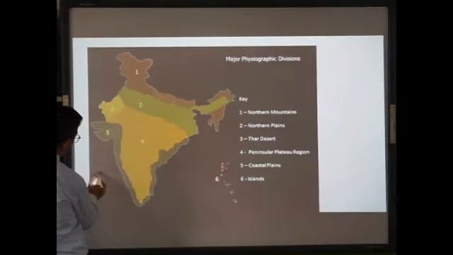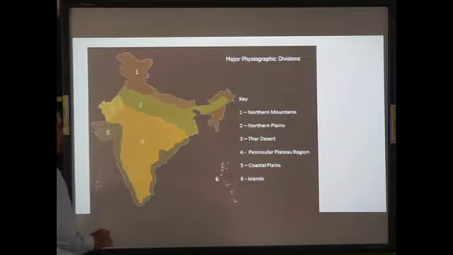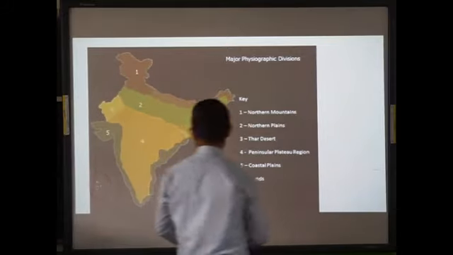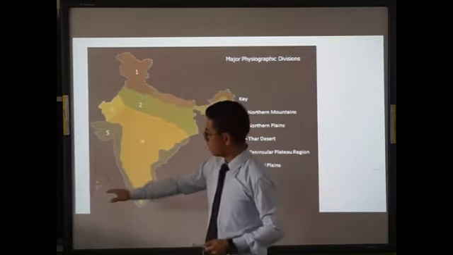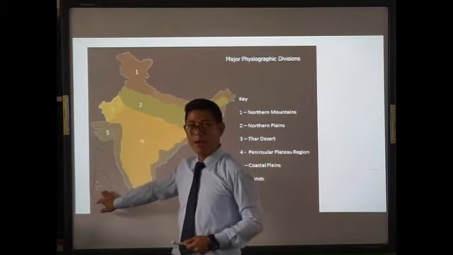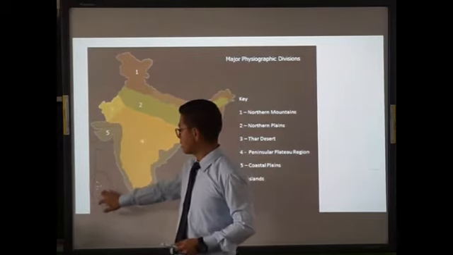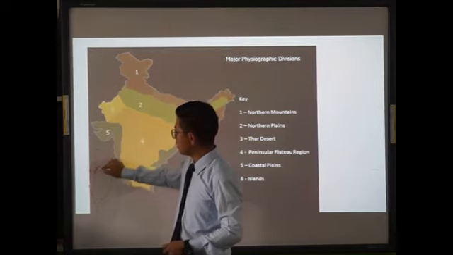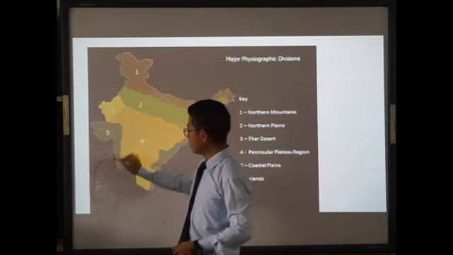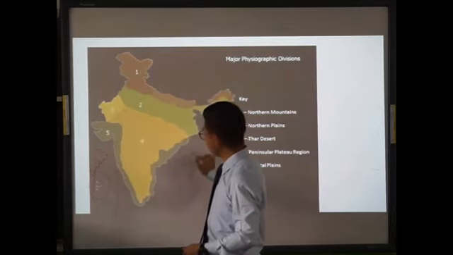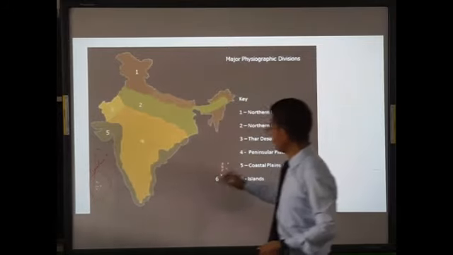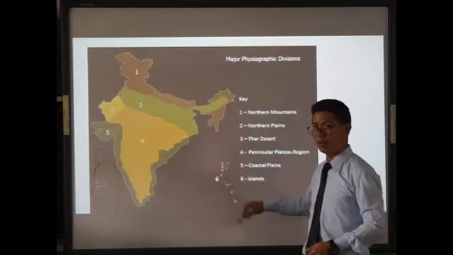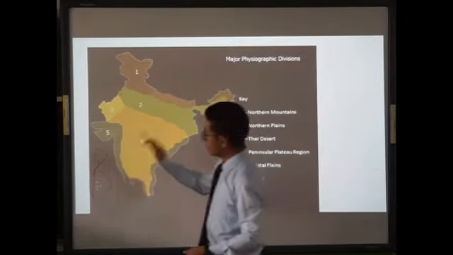You can also see pieces of land there. These are the Lakshadweep Islands. So this part is your Arabian Sea, and these are part of the Bay of Bengal. In the Bay of Bengal you find the Andaman and Nicobar Islands. On the side of the Arabian Sea you'll find the Lakshadweep Islands. There are so many islands there.